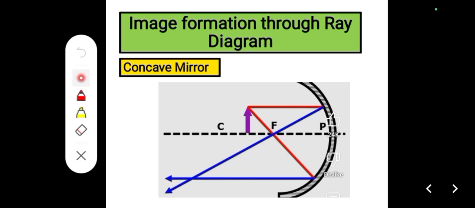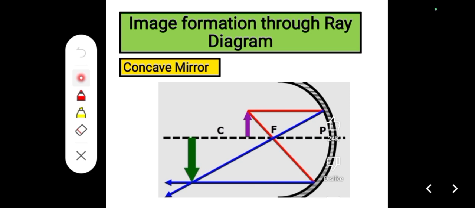The intersection of the reflected rays is where the image is formed and where the image is located. You notice these two intersecting reflected rays, so that is where the image is formed. Since this ray of light is coming from the head of the object, common sense will tell us that the intersection is also where the head of the image is.